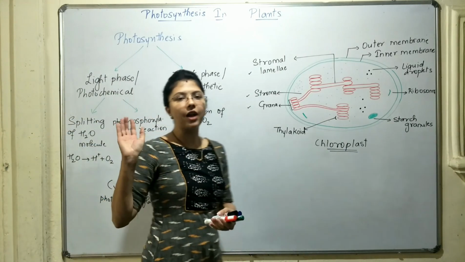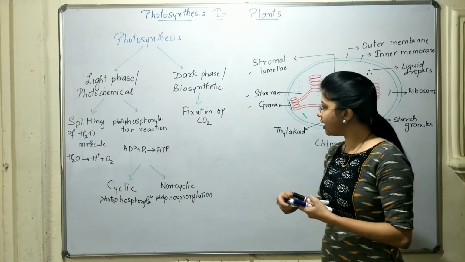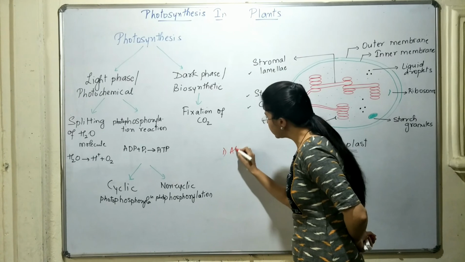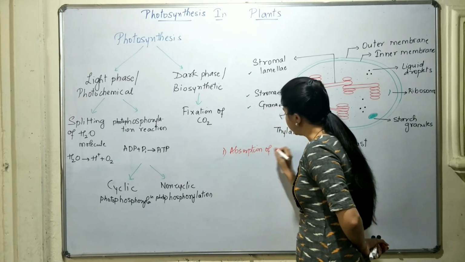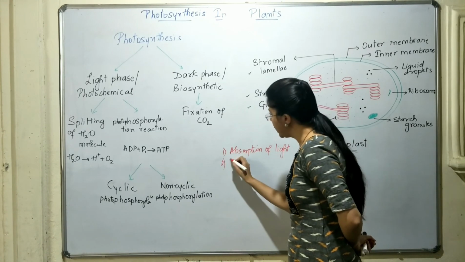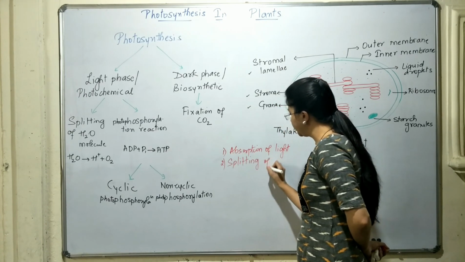Now, for this complete light reaction, or the process of photosynthesis, you can generalize the activities that are taking place. The first activity is absorption of light. As a result of light absorption, there will be splitting of the water molecule.